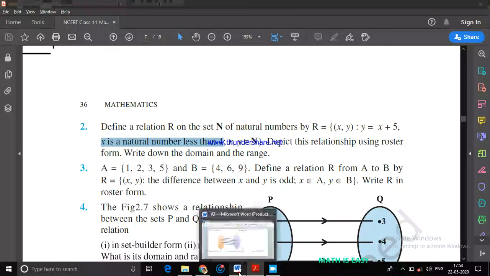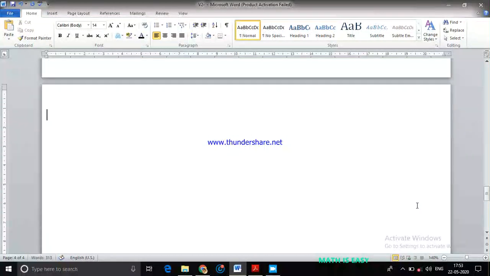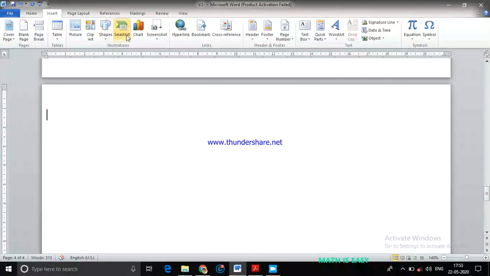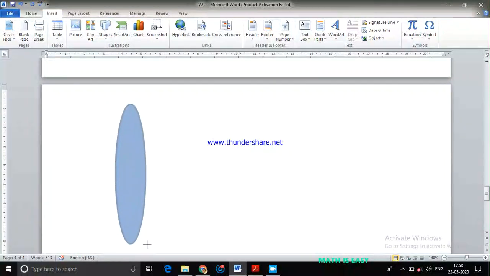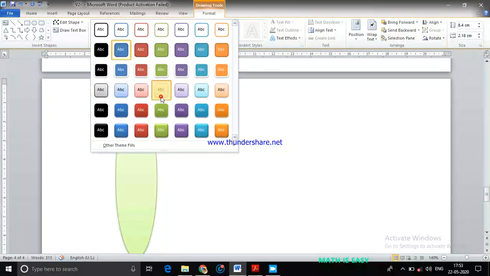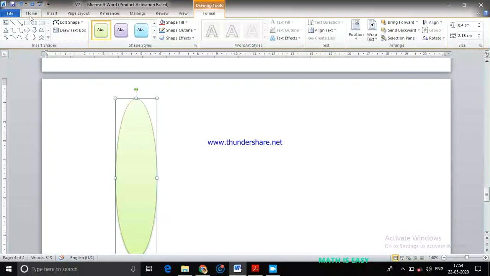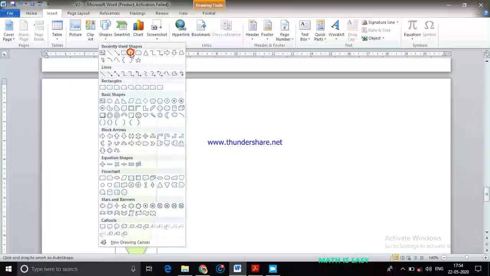So if you want, I'll show you the diagrammatic representation of this one as rough work. Let me take the shape. Okay. Let me change the color because you cannot see the numbers if I don't change the color.